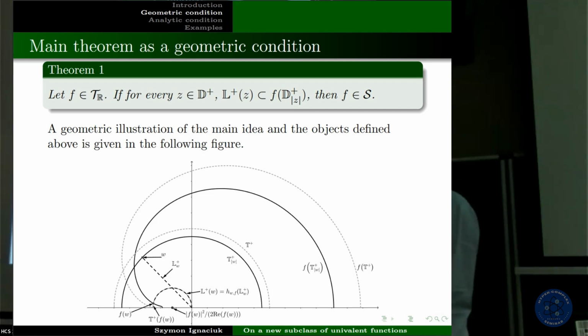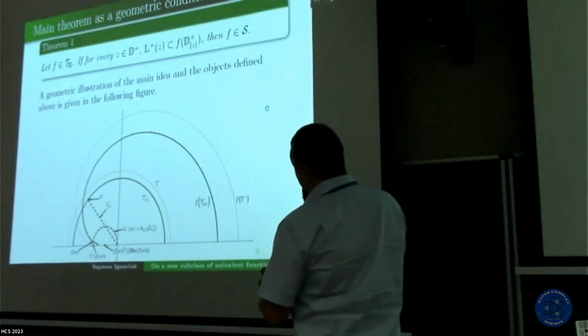So this arc is a subset of this disk under the function f. But of course, we have to check every such arc for every z belonging to T plus.